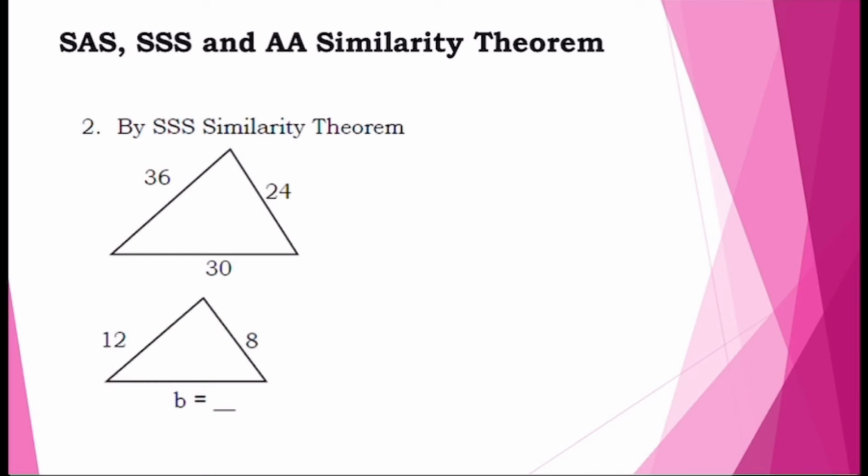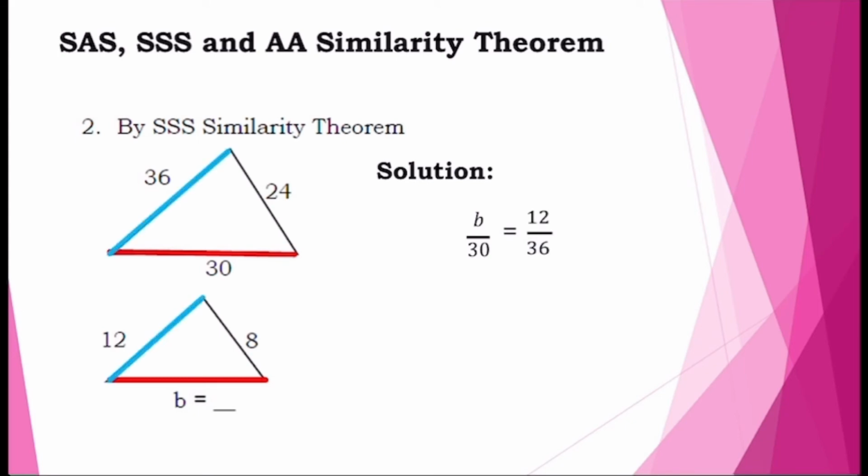Next, by SSS similarity theorem, given the two triangles, we're going to find the value of b. So for our solution, let's get the proportion of b over 30 is equal to 12 over 36.